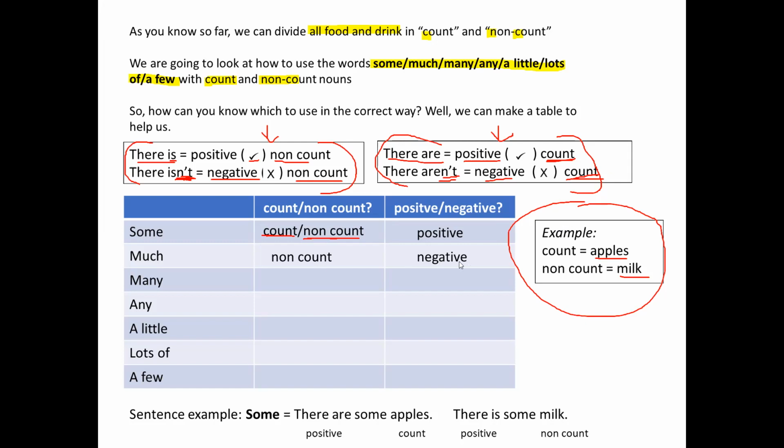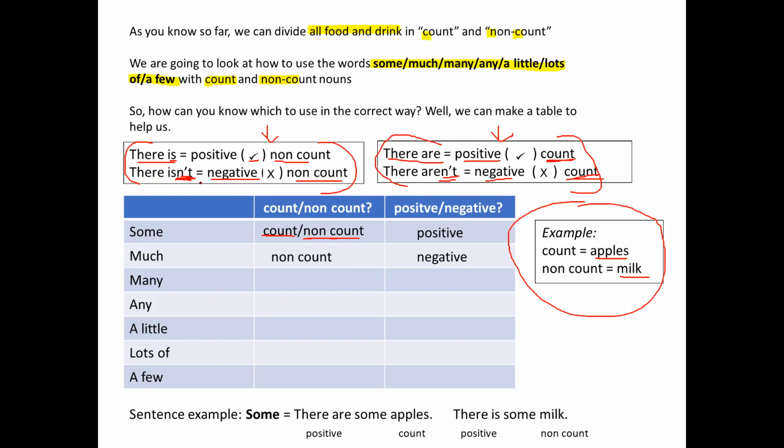So non-count negative is here, right? There isn't much kimchi. There isn't much soju. There isn't much bread. There isn't much milk. Anything non-count. So in the case of much, we can only make one sentence. There isn't much.